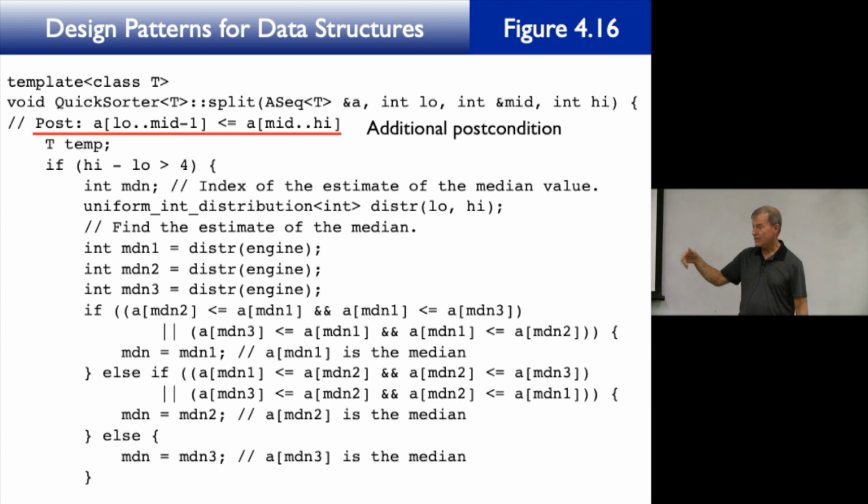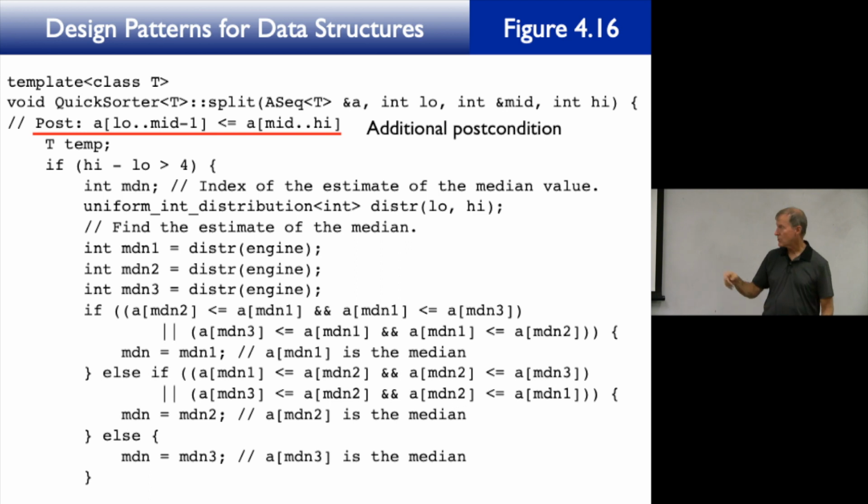Then median2 gets another one, and median3 another one. And check out the if statement. If A[median2] is less than or equal to A[median1], and A[median1] is less than or equal to A[median3], then what does that mean? Median1 is in the middle of those, right? Or A[median3] is less than or equal to A[median1], and A[median1] is less than or equal to A[median2]. That means, again, median1 is between what?